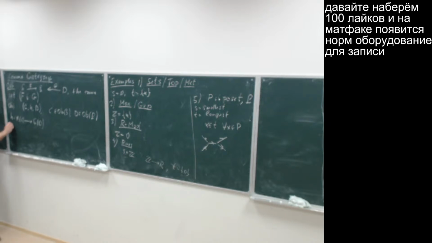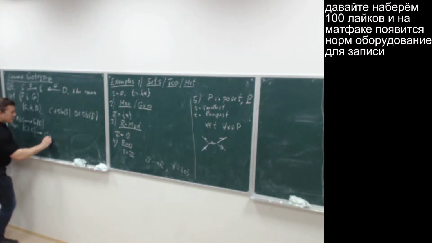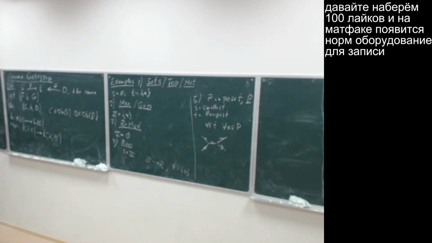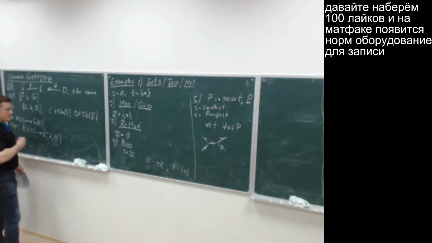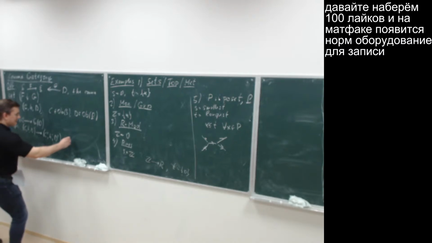Now what I want to define is a map of the triple C, H, D to another triple C prime, H prime, D prime. It's a pair of morphisms in the categories.